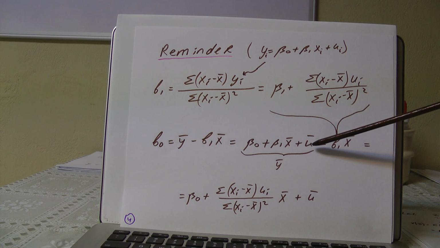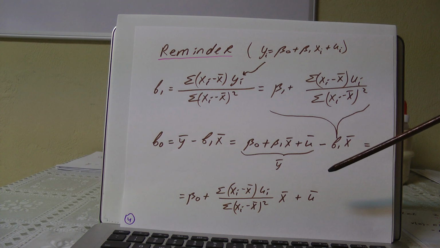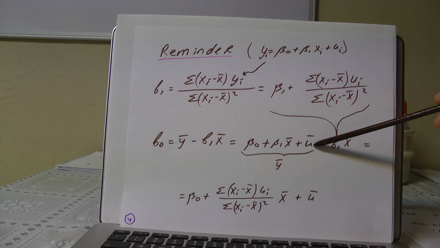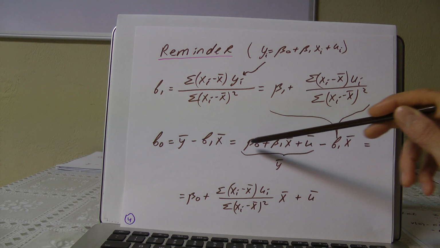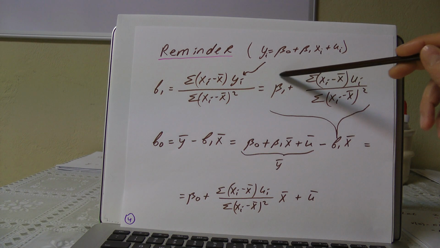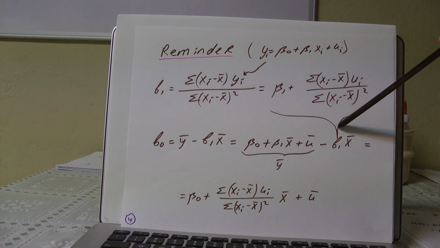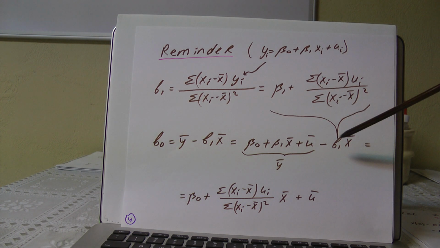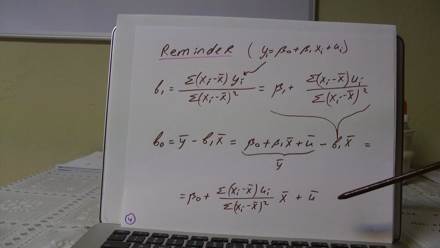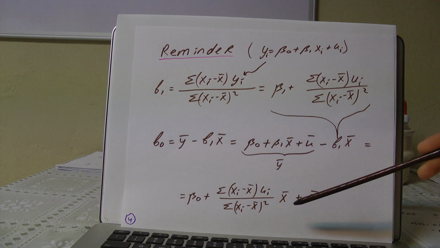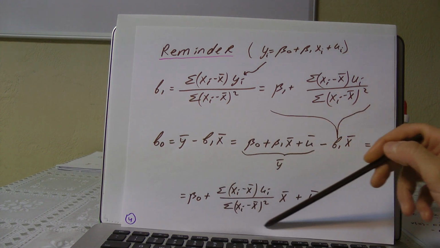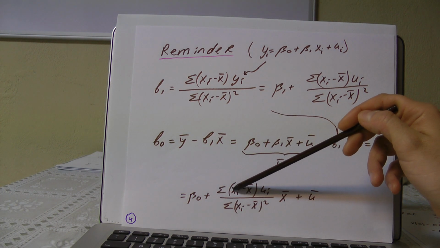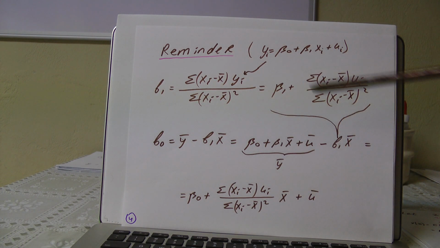This is a finite sum of these guys. So this is how your y bar will look. Then minus b1 x bar, but instead of b1 I can now substitute this thing. After some simplification you can write it in the following way: b0 is equal to beta 0 plus stuff, and this stuff again has some x's and errors in it.